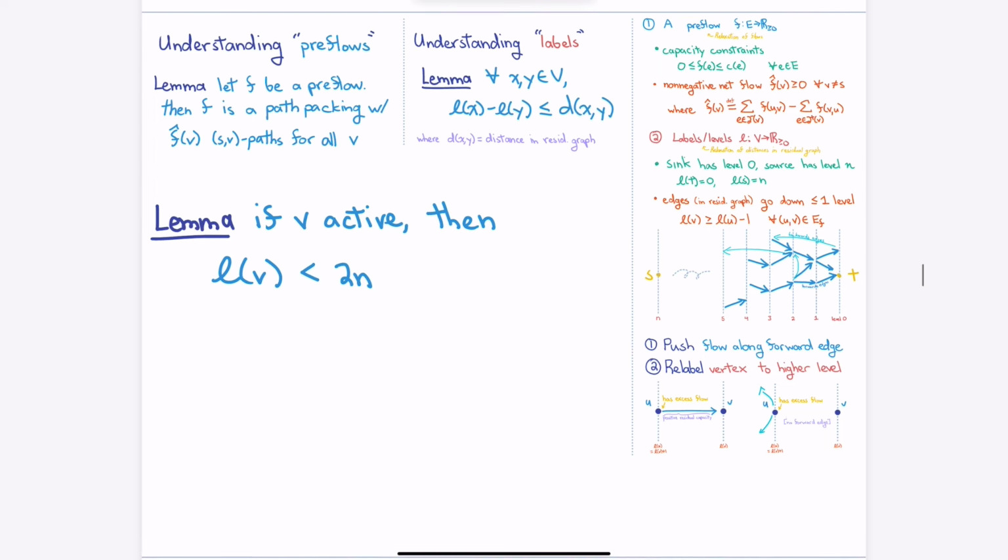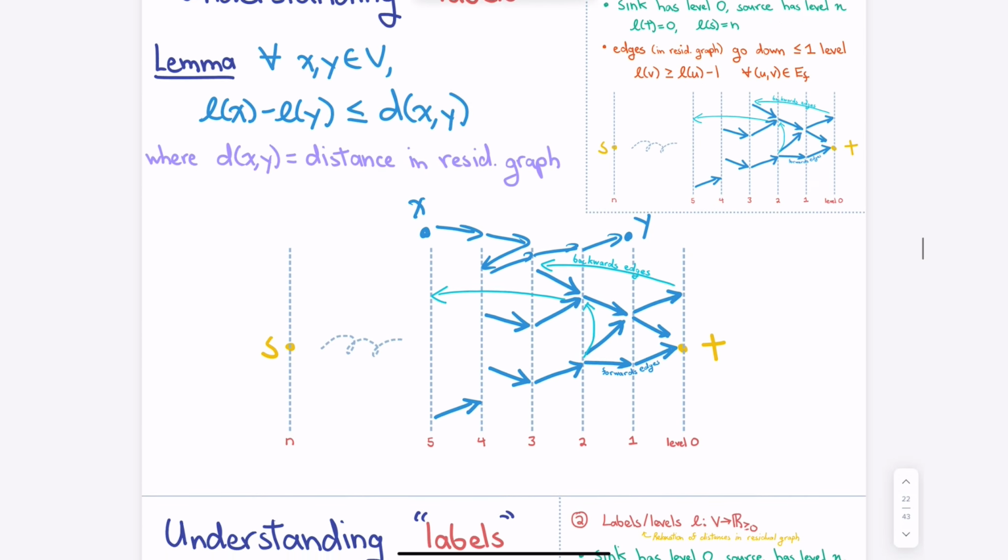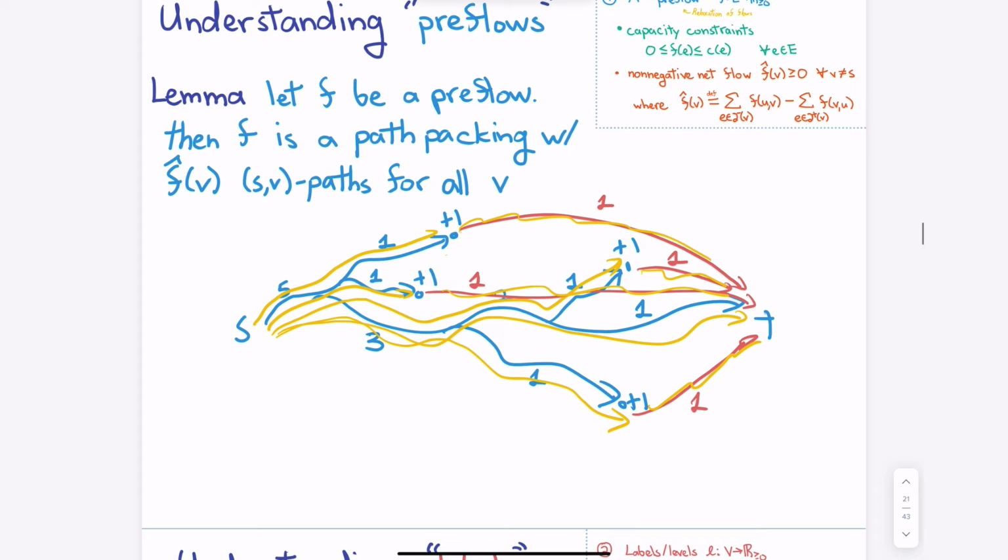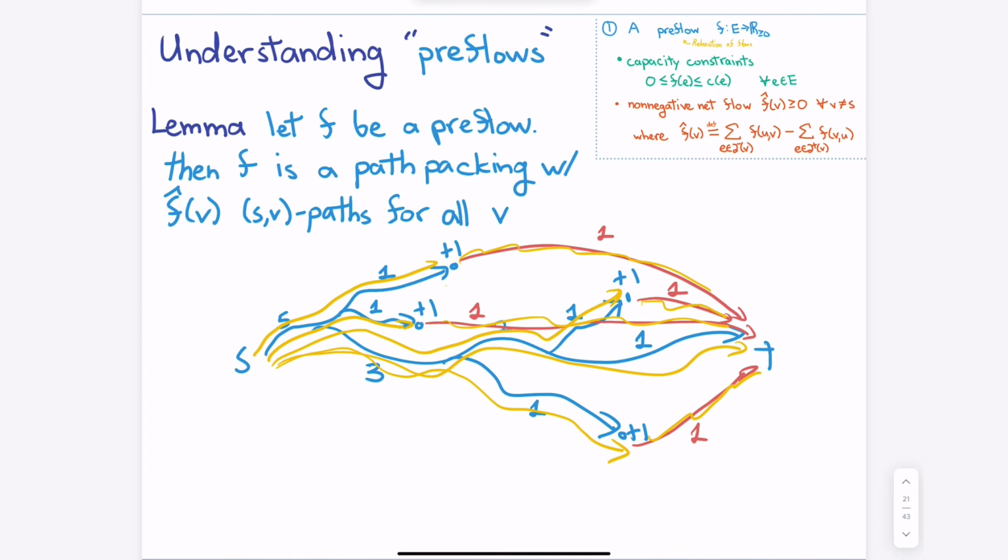So I think that's the right idea. Let me supply one more bit of information. So when a vertex is getting promoted, I know it's active, right? So it has some excess flow. So that means that there must be some path from S to this vertex in my flow, in my preflow.